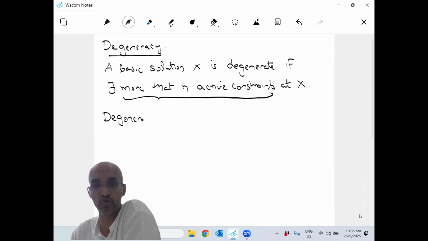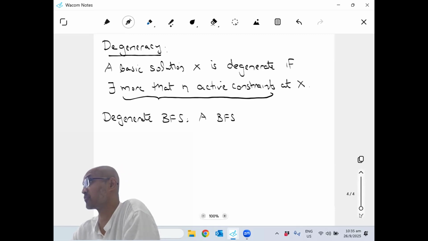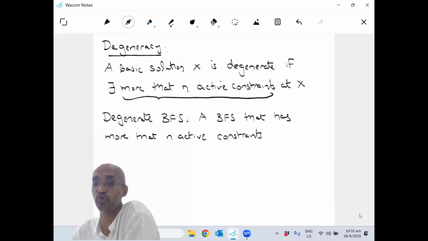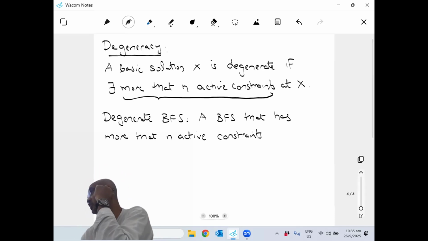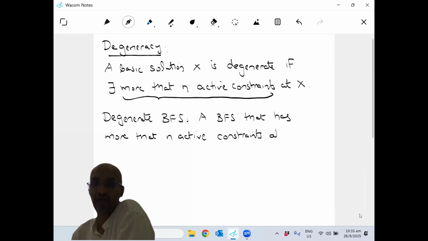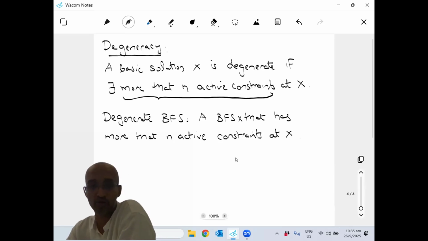It simply says a basic feasible solution, because a basic solution need not be feasible, that has more than n active constraints at that point. Clearly, a basic feasible solution has to have n linearly independent active constraints. So for finding the point, you expect n constraints, but you have more than n constraints which are active at that point. Okay, I'll show you an example.